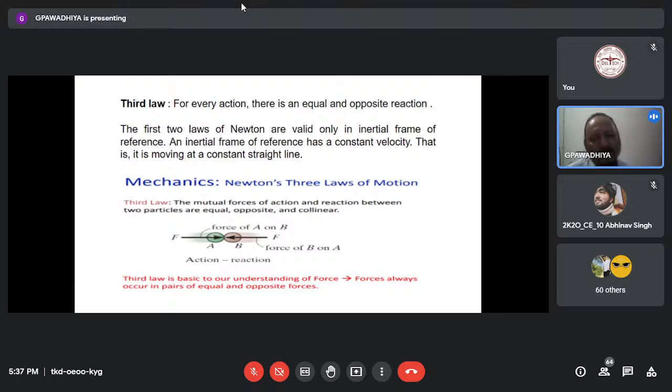So what happens when a force is applied on body A and body B is also there, interacting with body A? It will apply an equal and opposite force of the same magnitude on body A, and that will be collinear. So collinearity is maintained.